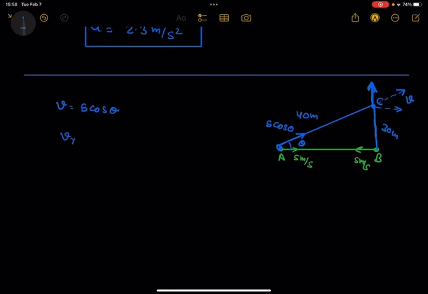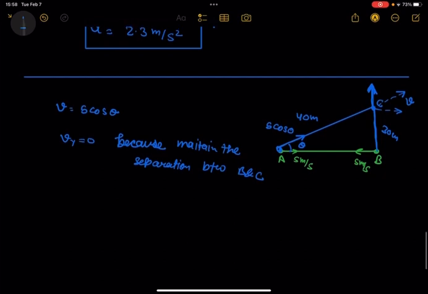So Vy is 0 because we are maintaining the separation between A, B and C. Then Vx is V cos theta, since it is also moving, so V cos theta.